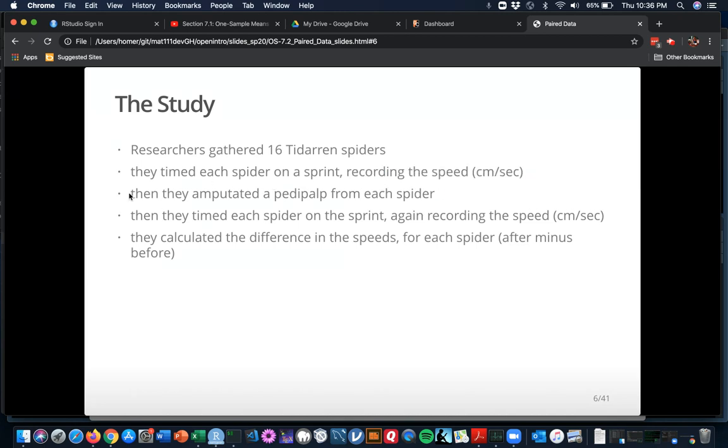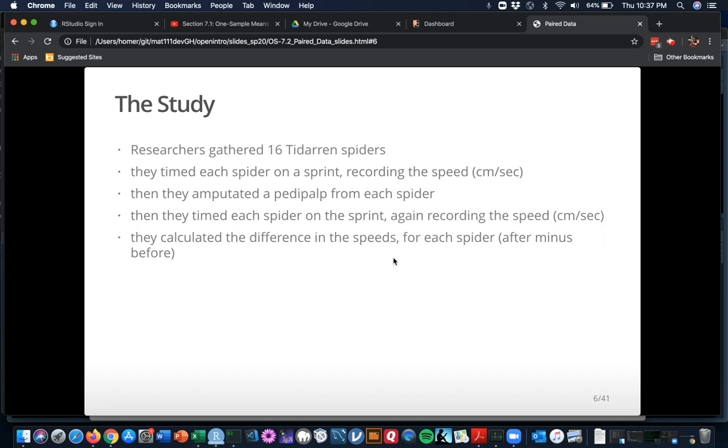And then, rather cruelly, I'm afraid, they amputated one of the pedipalps from each of the spiders. And then, presumably after the spider was given some time to recover from the trauma, they timed the spider again on that same sprint, recording his or her speed in centimeters per second.